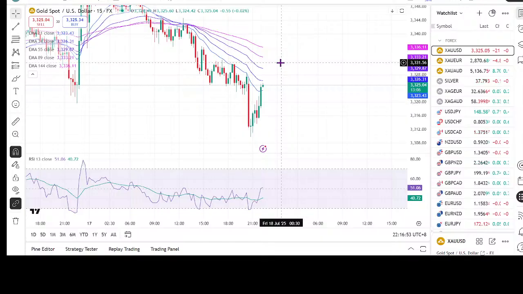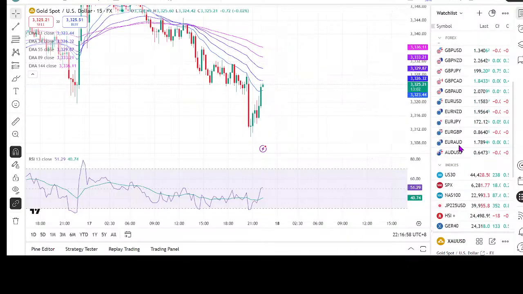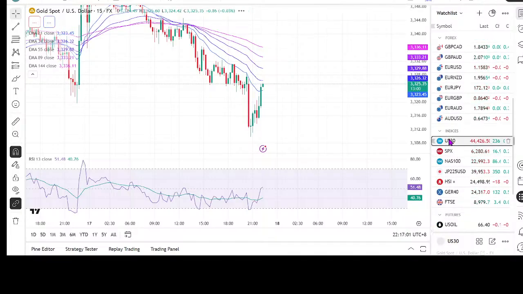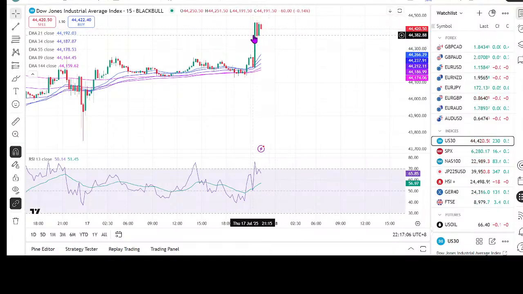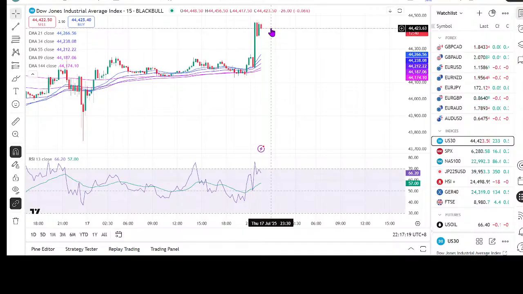We have yet to see the weakness, and the Dow and the Nasdaq are also very quiet. Can you see? For the last 15 minutes, this has been very quiet. The price has to break this low, then we can be pretty sure that this is the high. We have one more order filled, which is gold Aussie.